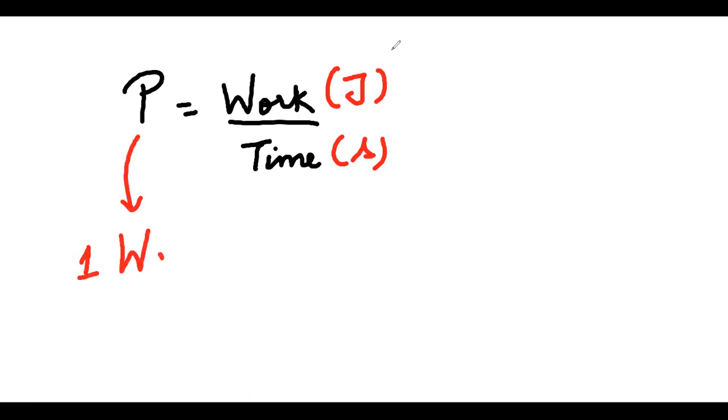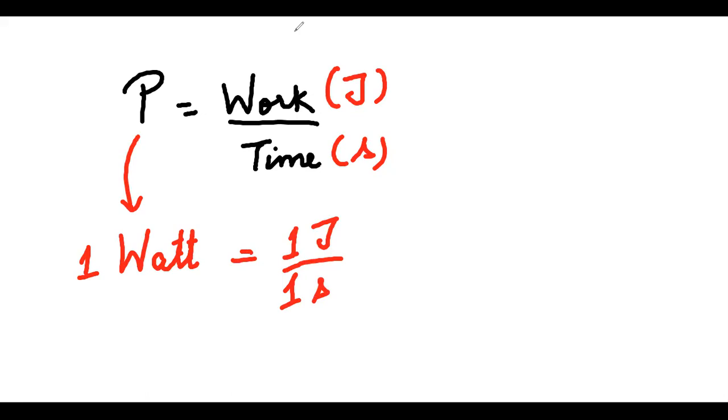So 1 watt is equal to 1 joule divided by 1 second. How to define it?